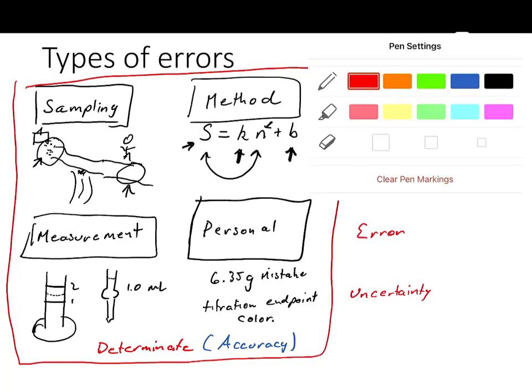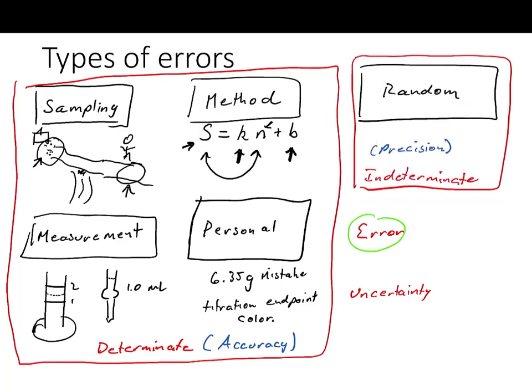Errors are going to be associated with the determinate errors and are telling us something about the accuracy. So when we're talking about the accuracy of a measurement, we're going to refer to errors that influence the accuracy.